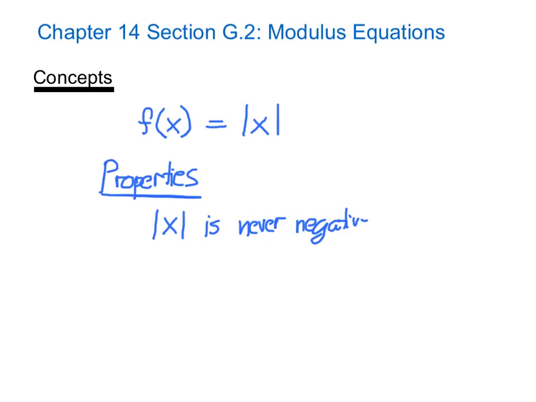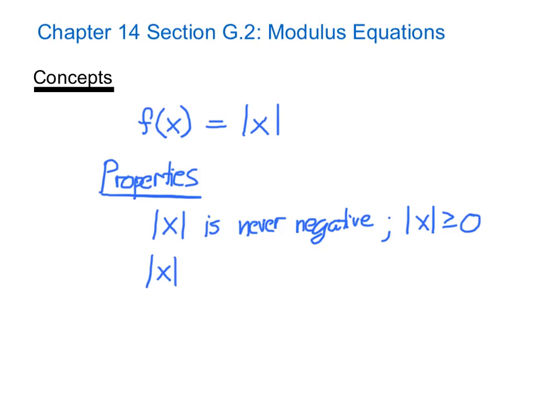No matter what real number I put in here for x, I can never get a negative number out. In other words, another way to write this is that the modulus function is always greater than or equal to 0 for all x.